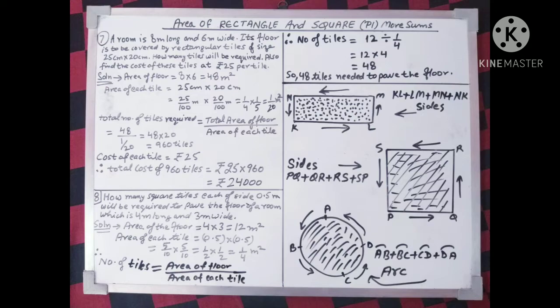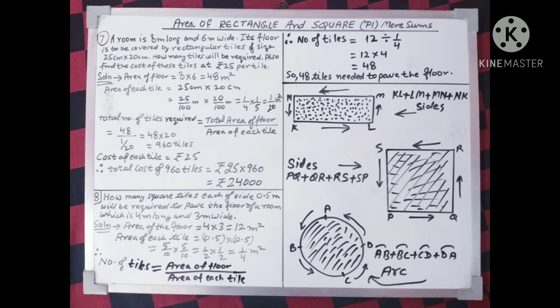Right? So I hope this concept of perimeter and area is very much clear now. See these three figures I have drawn for you. The first one is a rectangle KLMN. The dotted area will be the area of the rectangle and the perimeter will be the length of the sides, that is KL plus LM plus MN plus NK.